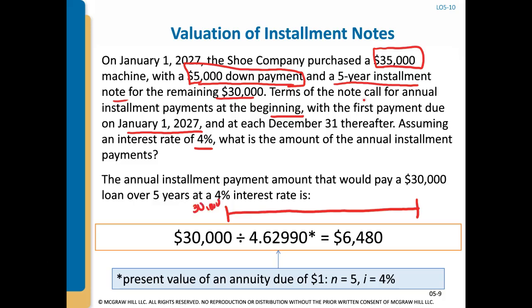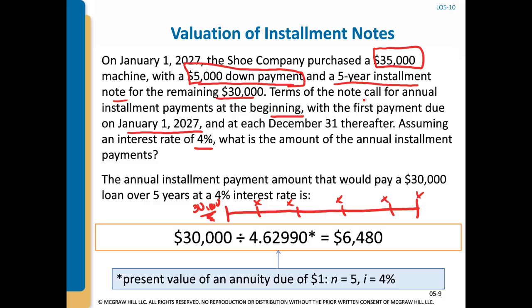That tells us, if I invested $30,000 today over 5 years, right? 1, 2, 3, 4, 5. And I earn 4%. What's my installment in each one of these years? It's not 35 because 5,000 is just down. It's the 30,000 that we're paying in installments.